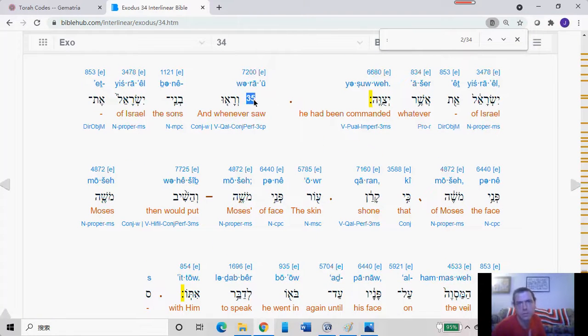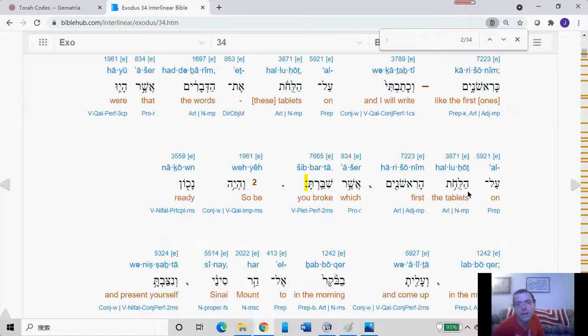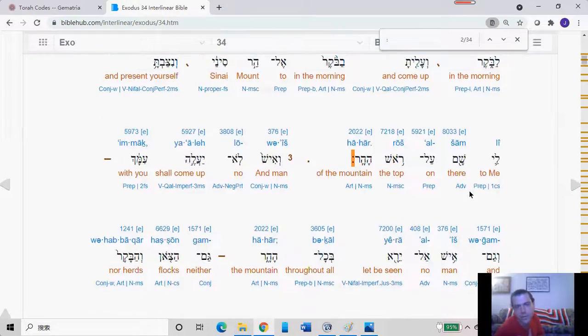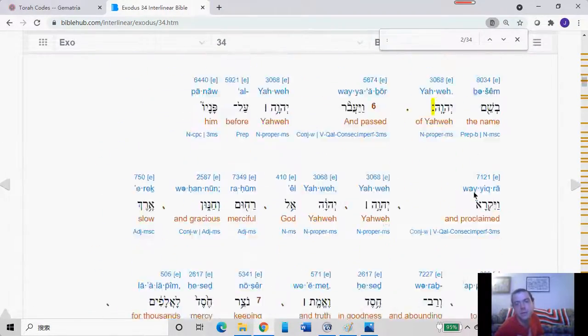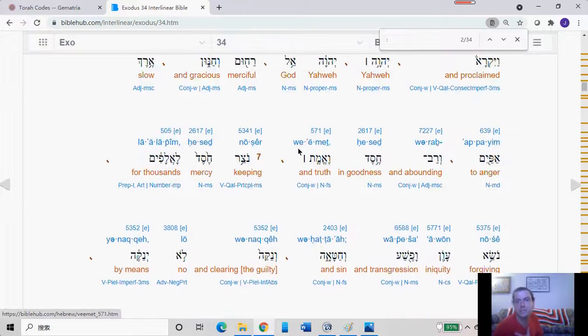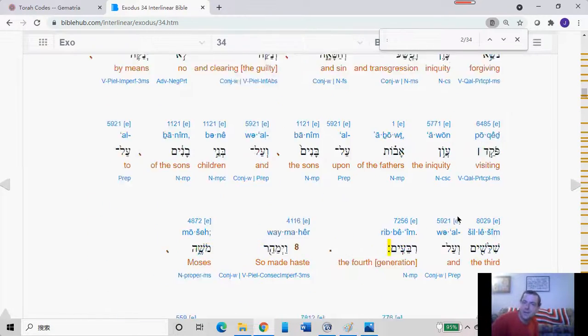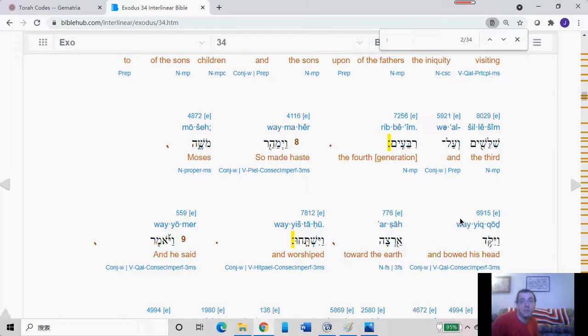Oh, wait, no. 35 verses, but 34 colons. And notice where there isn't a colon at the end of 6. So all of this is considered the sixth distinction. So this is a very, very long verse. I just thought that was interesting to show.